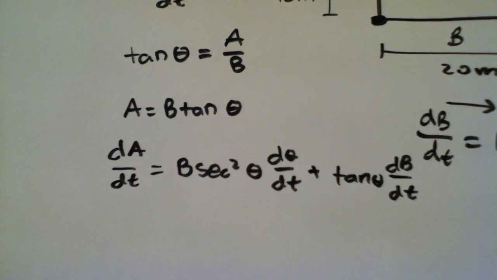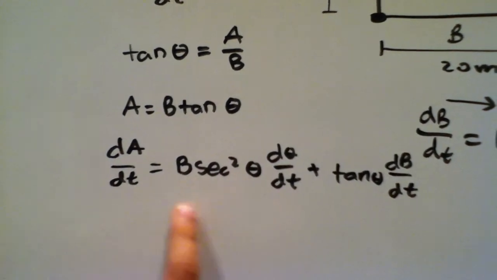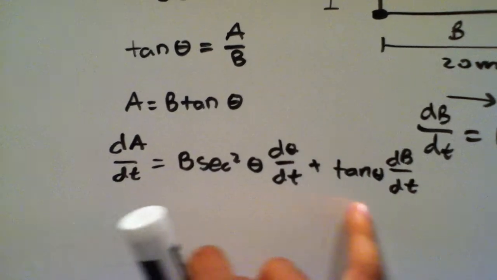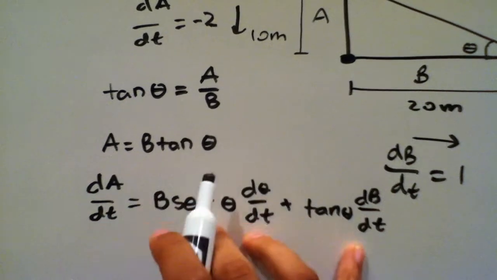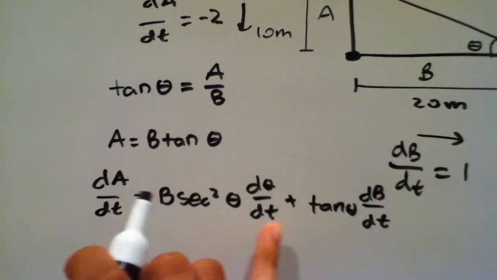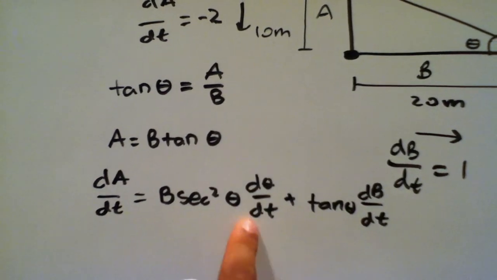Now we should see if we have all these variables. We know dA over dt, we know dB over dt, we have B and we have A, and we want to find d theta over dt.